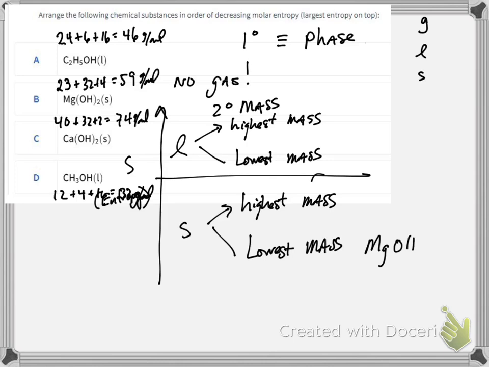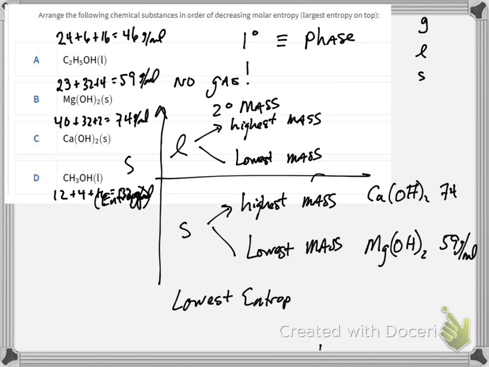Okay, so the lowest mass solid is magnesium hydroxide. The next highest mass solid is calcium hydroxide. So these are the low. So we're starting at the lowest entropy. You always see the recipe, right? For the lowest entropy is a solid, lowest mass. Okay.